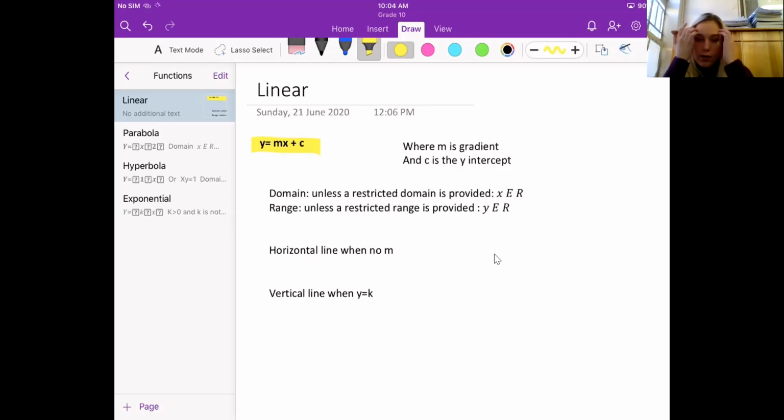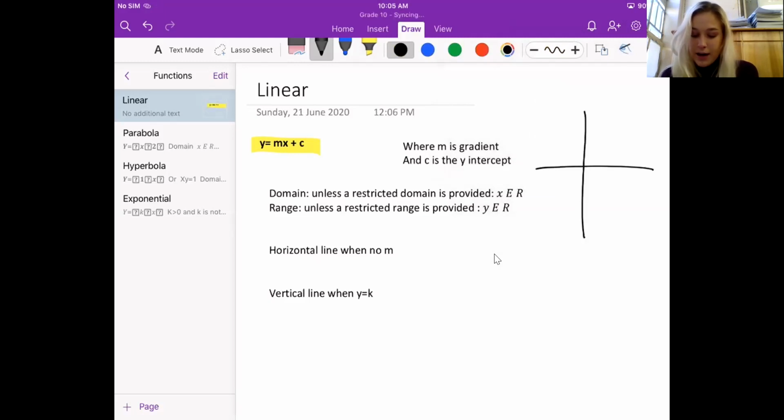When we have our graph y equals mx plus c, our m is our gradient and our c is our y-intercept. So if we had our axes and we had a straight line going through the origin, we said that there would be no c value for that.